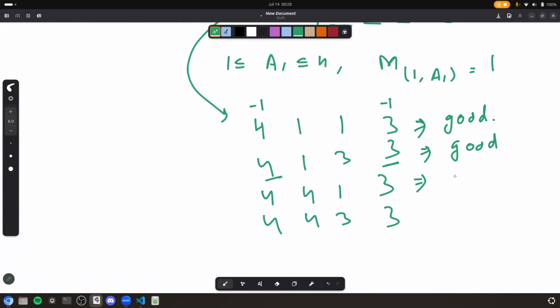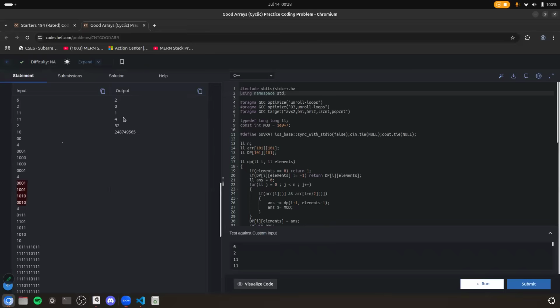Same, we can take the last two, it would be a good array. Now, if we take the last three, then the sum becomes 0. But still, we can take these two. Taking these two would give 8, so -8 plus 6 would be -2, and again it is a good array. So the answer for this test case would be 4.